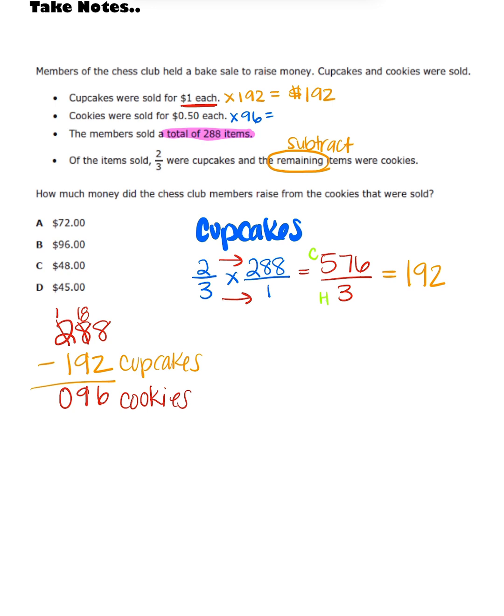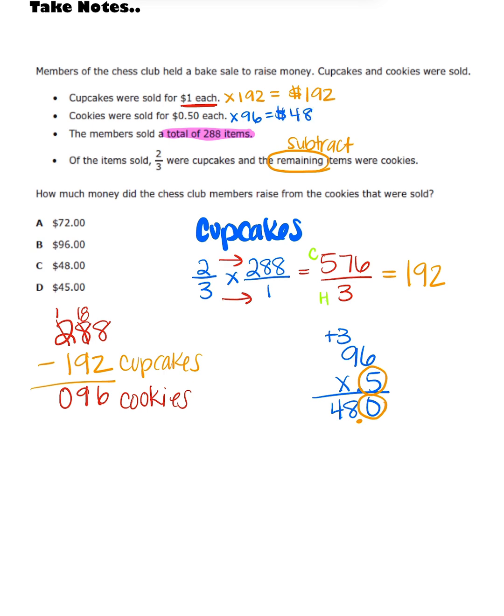Let's come over here and do the math really quick. So 96 times 0.5, right, 50 cents. So that's 30. 9 times 5 is 45, plus 3 is 48. And we had 1 decimal place, so 1 decimal place. So it costs $48 for our cookies.